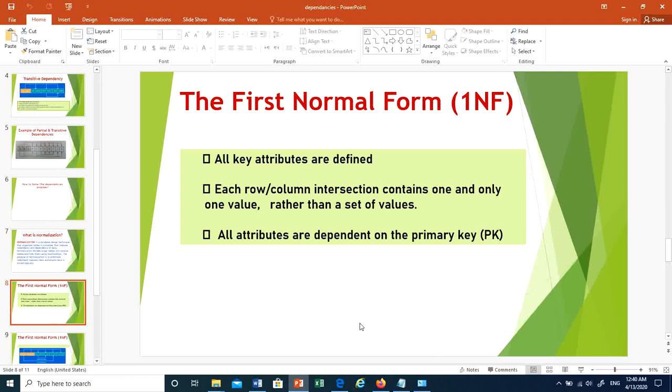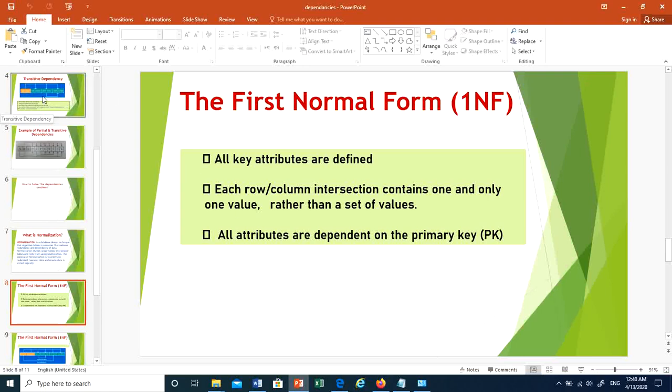So first let us explain what is first normal form. We call it first normal form, or 1NF. 1NF stands for first normal form. So in the first normal form, all key attributes are defined.